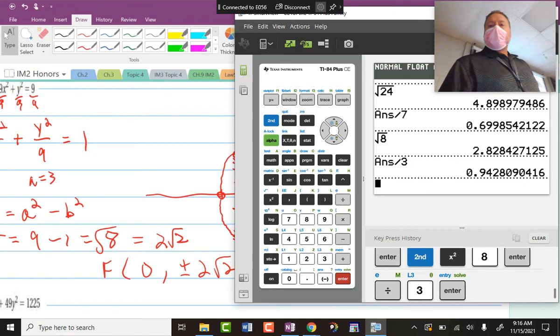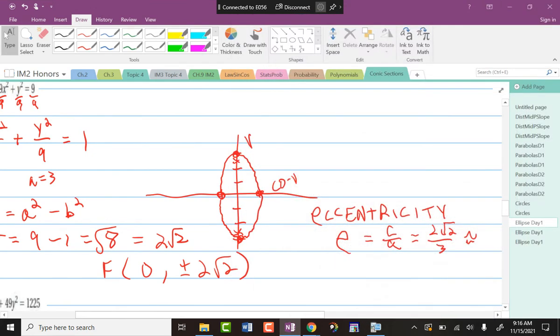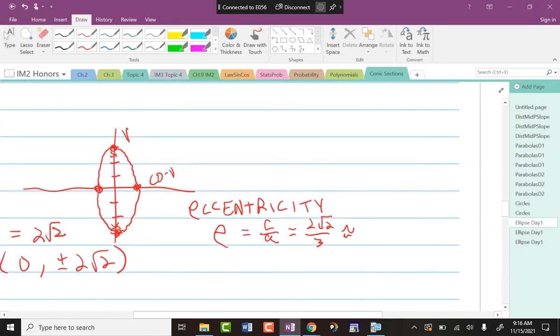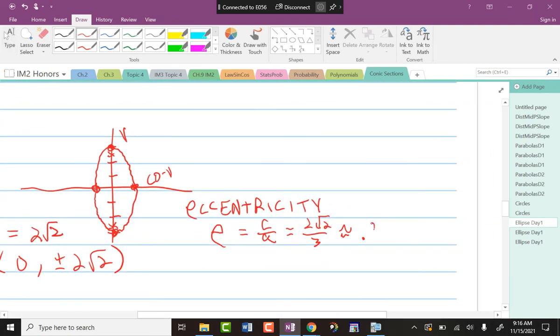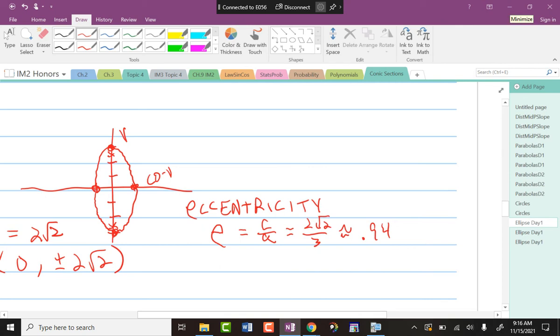All right, but I'm in the way here, so I think I'm going to delete myself there. What was that? I'm sorry, 0.94, is that what it was? Did anyone see the third digit? I'll just put it back up there. 0.943, okay. So 0.94 is good enough. Closer to 1, this is more ovular than circular.